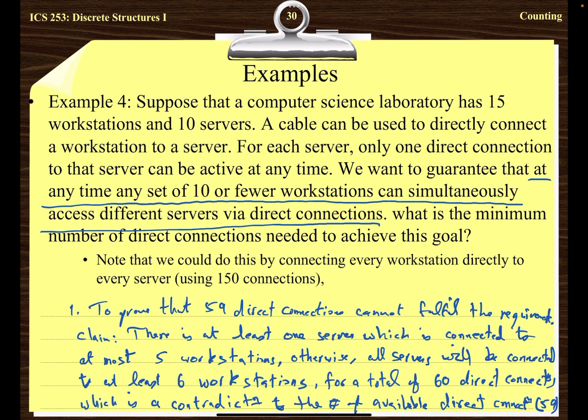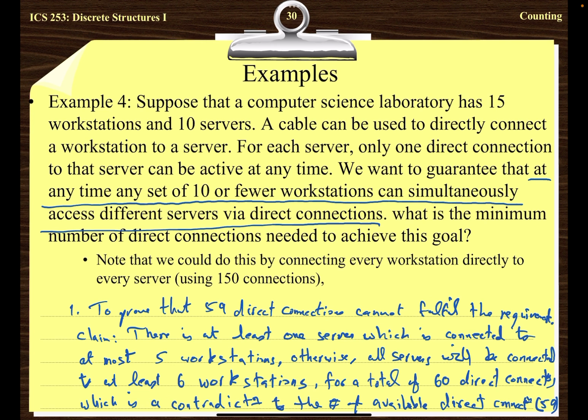Now look at this claim and tell me why, because of this claim, that I know for sure that I will have one server connected to at most 5 workstations, I will not be able to satisfy the requirement that choosing any subset of 10 workstations, I can connect to 10 servers. Think about it. And please use the claim, because in the previous 2 sections, the first couple of answers had nothing to do with this claim.